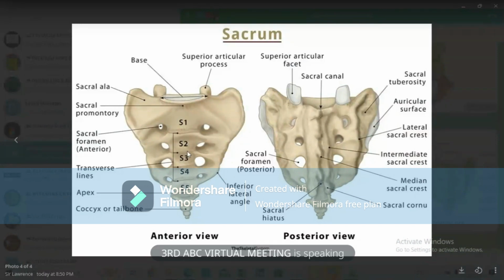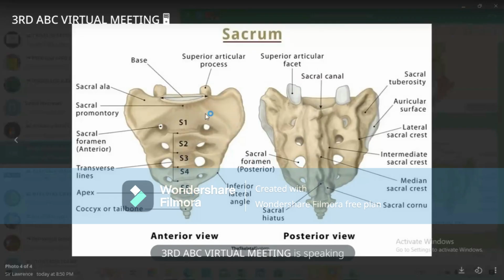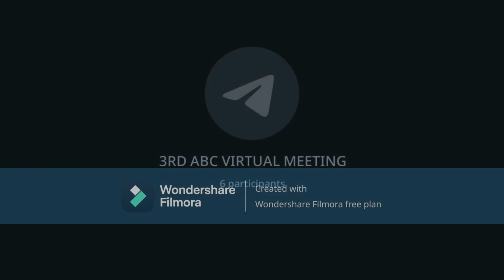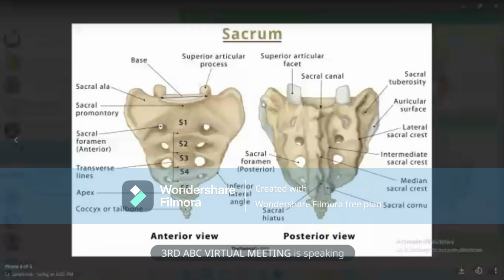Alright, when we divide this sacrum into parts, it has an apex, it has a base, it has a lateral surface. You can see that in this lateral aspect you have this auricular surface for the articulation with the, I showed you on the ilium, the auricular surface of the ilium and that iliac tuberosity.